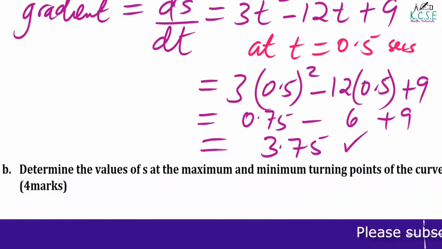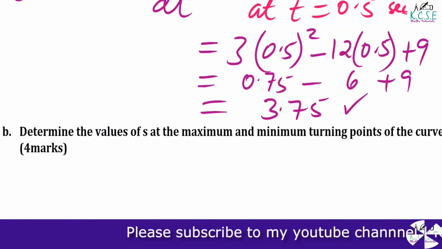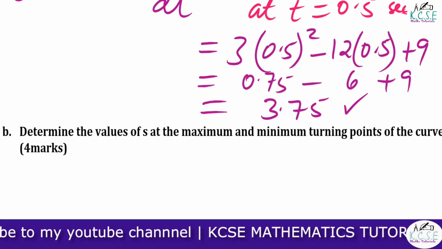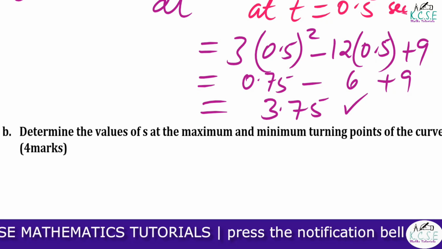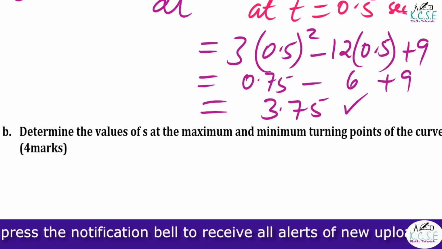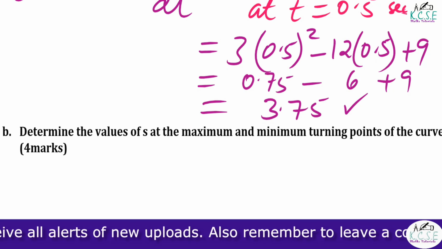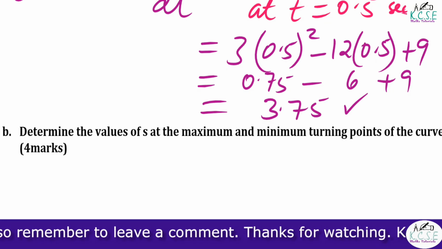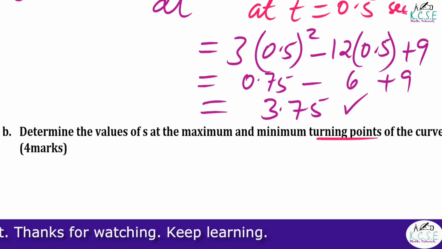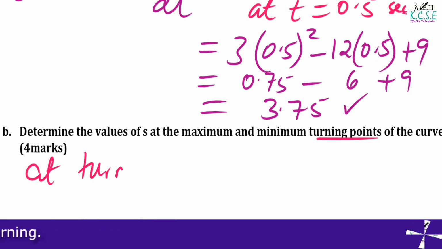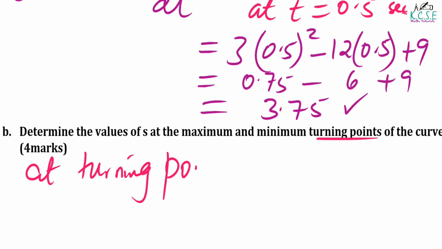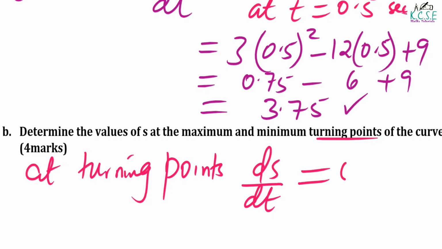Now the second part of the question, determine the values of s at maximum and minimum turning points of the curve. So to get the values of s at the maximum and minimum turning points of the curve, there is something we need to get first about these turning points. So at turning points of the curve, the gradient will be 0, and the gradient in this case is what we have obtained there, ds over dt will be 0.